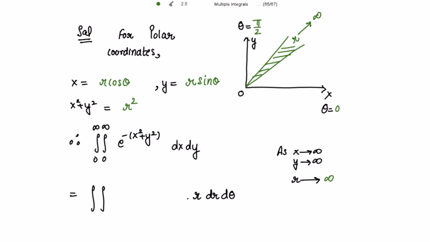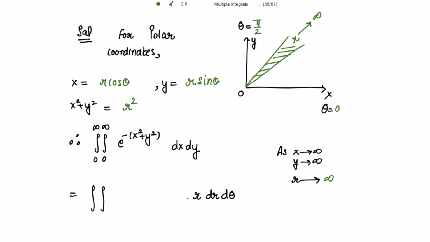Right? So this is your given integral. Double integral e to the power negative of x square plus y square dx dy. So the formula, to change these Cartesian coordinates into the polar coordinates, is that we write r with dr d theta, and write this integrand in terms of r theta.